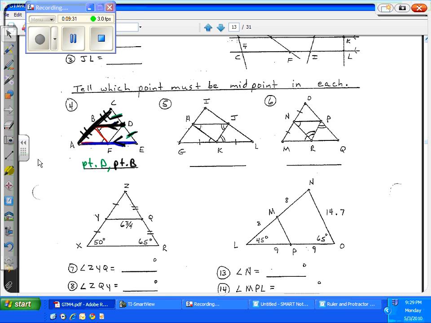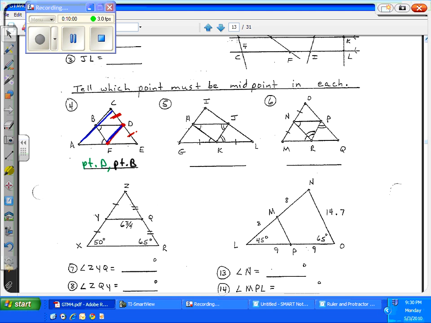But then we think, well, what about F? So we got to kind of look at F. Well, we know that this is a midpoint. So let's look at segment FD and see if that'll prove it. FD hits the midpoint of one side. Do we know that FD is parallel to the second side?